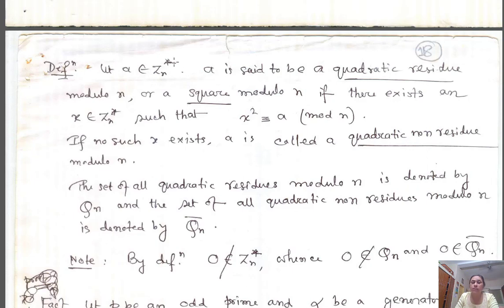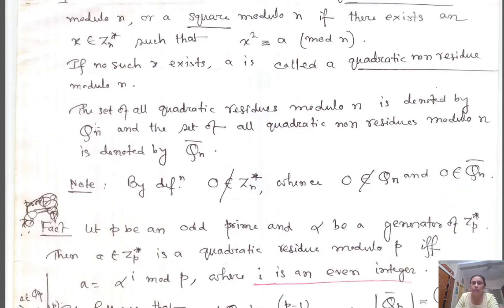So when we consider Zn star, 0 is excluded. All the elements which are quadratic residues, we denote by this set. The set of all quadratic residues modulo n is denoted by Qn, and the set of all quadratic non-residues is denoted by Qn bar.